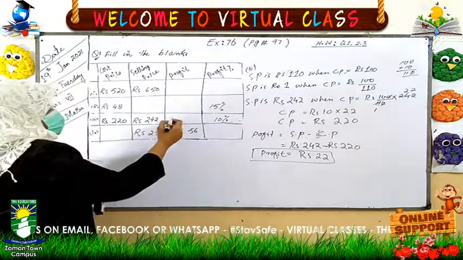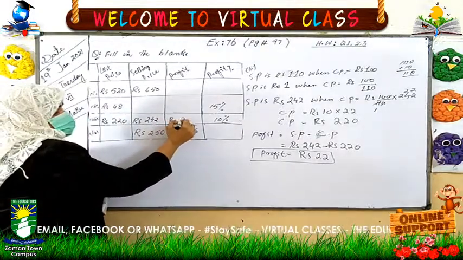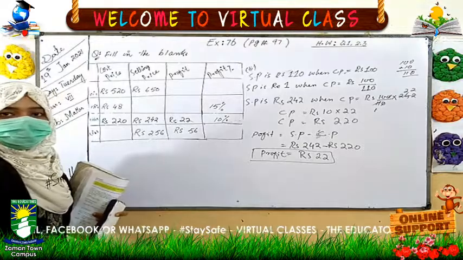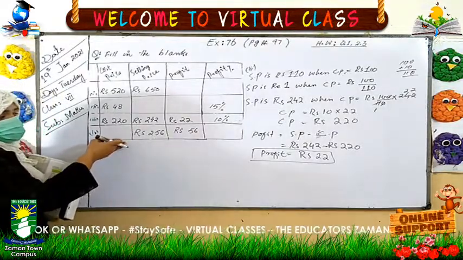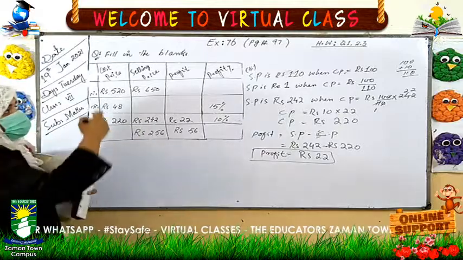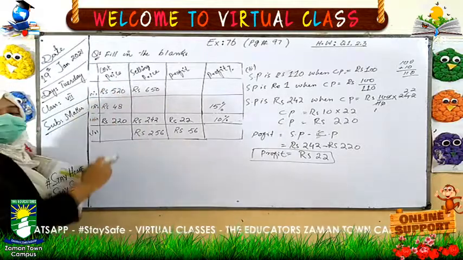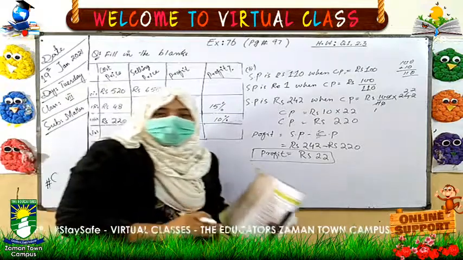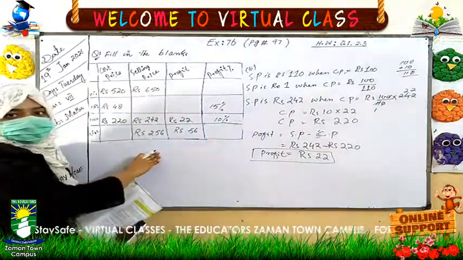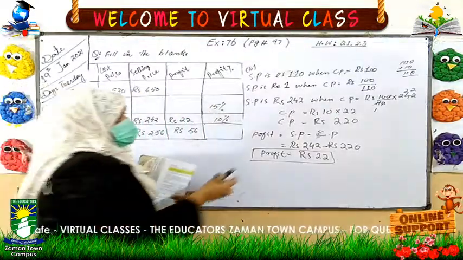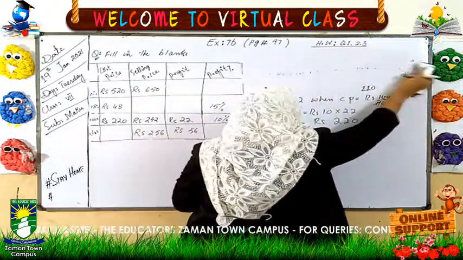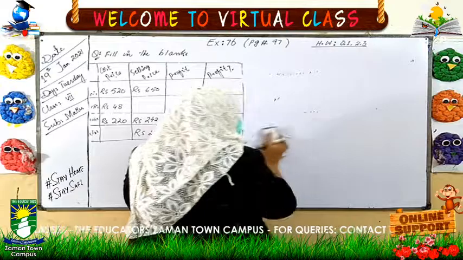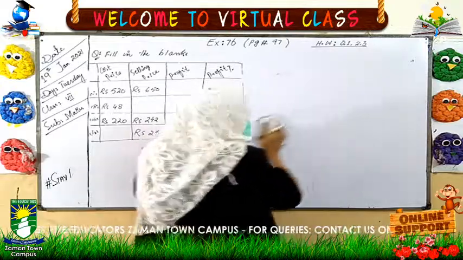Okay, so here we have rupees 22. If we move on to blank number 4, the same formula as we have done in blank number 1 and 2, by using the formula of profit and profit percentage, we will solve it. I hope there will not be any problem while we solve these questions, because we have done these types of questions in exercise 7a.